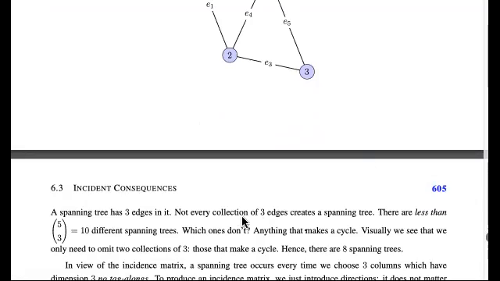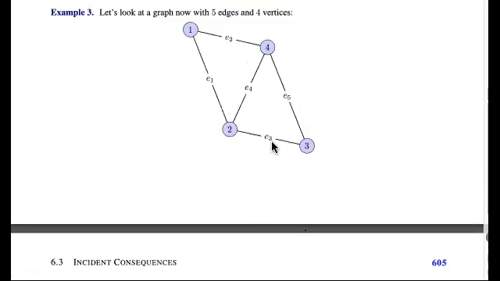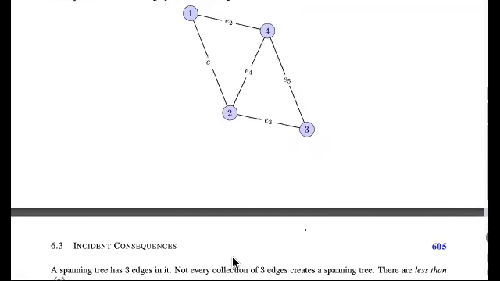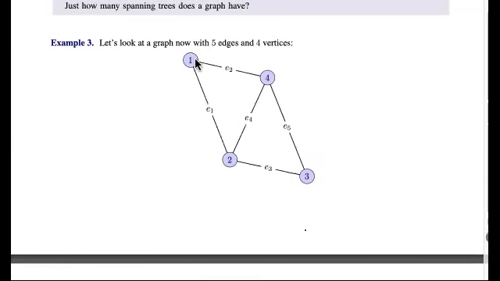Not every collection of three edges creates a spanning tree though. There could be fewer, depending on what the edges are doing in the graph. For instance, these three edges right here don't produce a spanning tree.